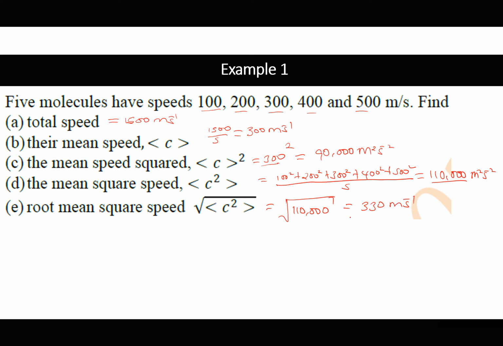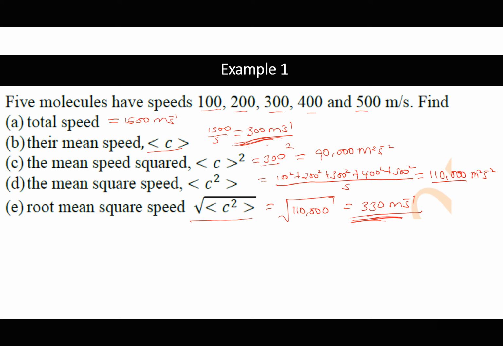So notice that the root mean square speed is not actually the same as the mean speed, but sometimes it is taken to be so because they are almost close to each other. The mean speed is not the same as the root mean square speed, but sometimes this value is taken to be the same as that value.